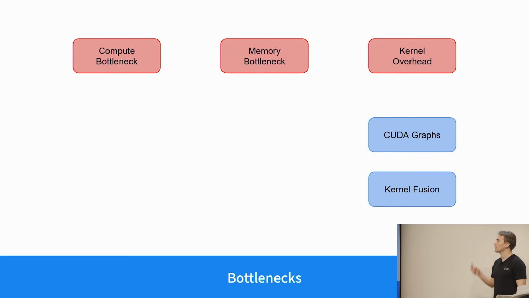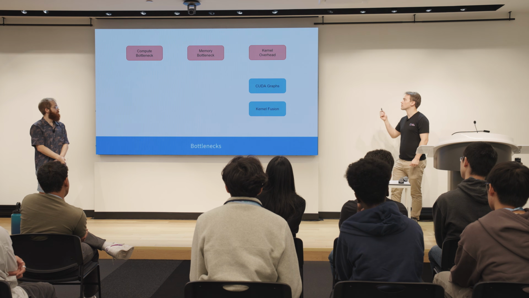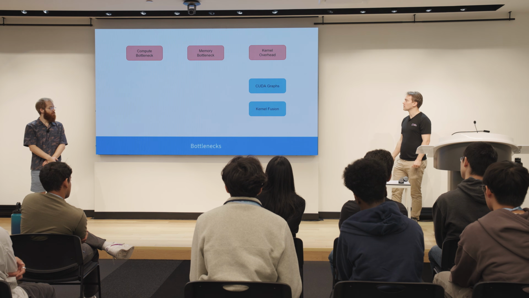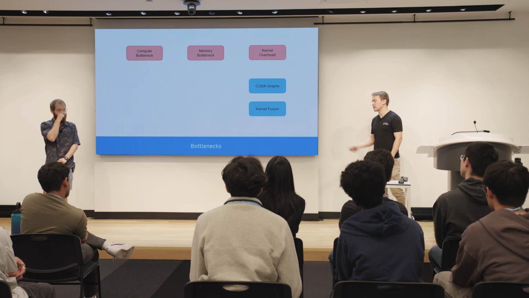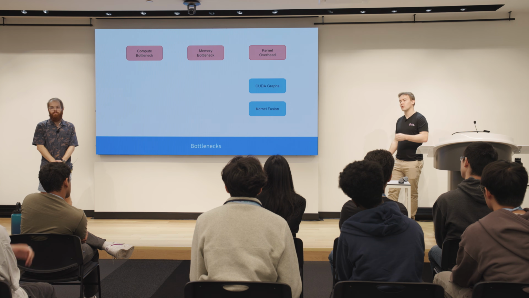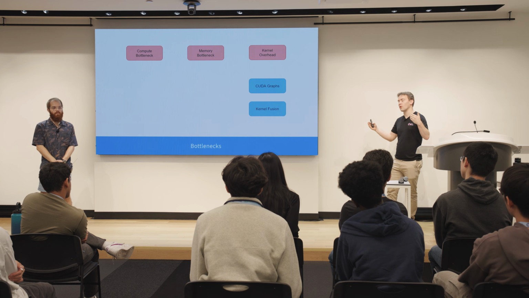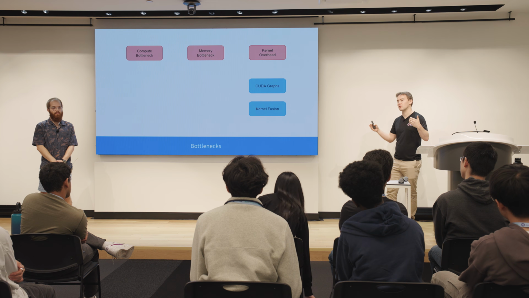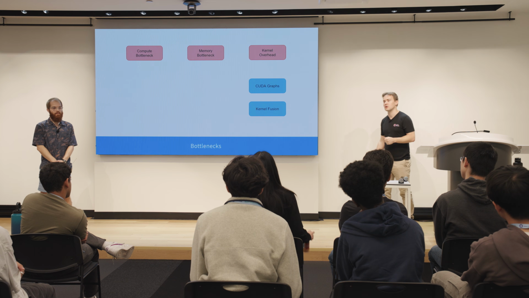And then for the kernel overhead, again, kernel fusion can help, because if you have fewer kernels and they do more stuff, you will amortize the cost of that overhead over more operations. The other thing that can help is a technology called CUDA graphs on NVIDIA GPUs. The idea there is that if you want to launch lots of small kernels, you can record that once and for all. So the first time you do it is still going to be slow and look like the profile trace that Corwin showed earlier.